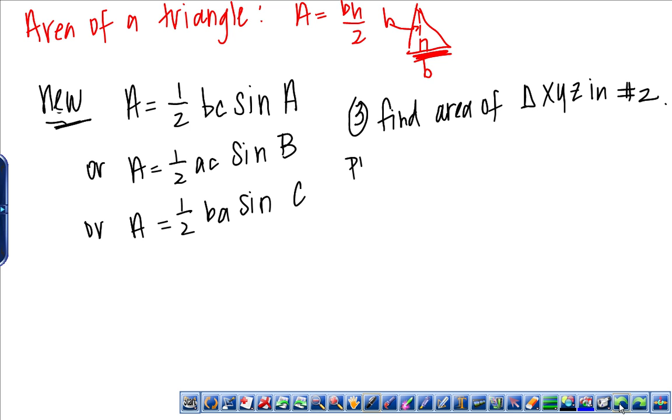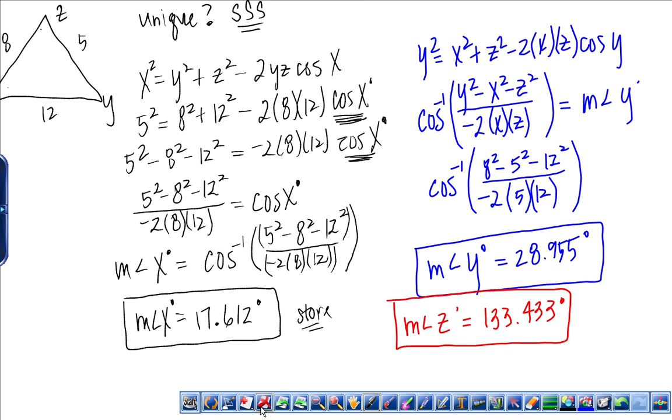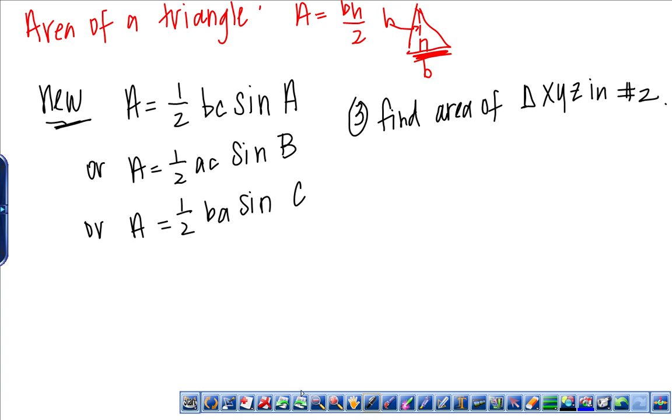Just find the area in number 2. So let's go back to number 2. We have every angle. We have X, Y, Z. We have all the sides. So you can pick any angle that you want to. Now remember, I did tell you to store angle X right here. Okay, so if I told you to store angle X, that should help you out.